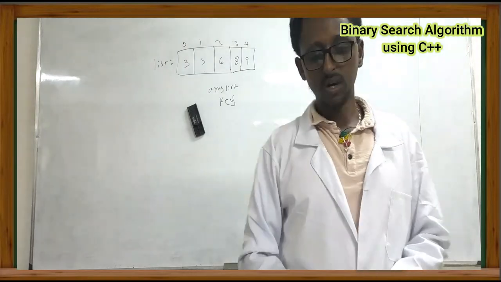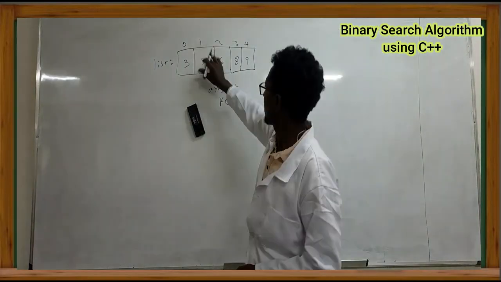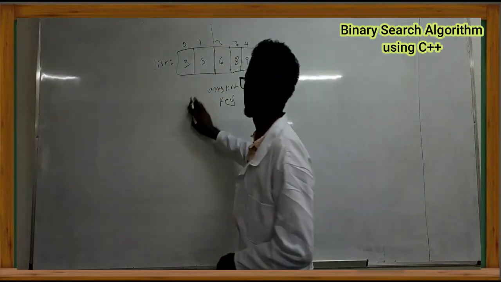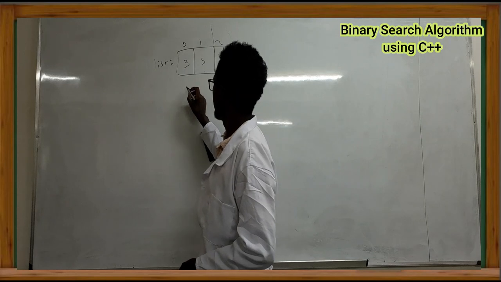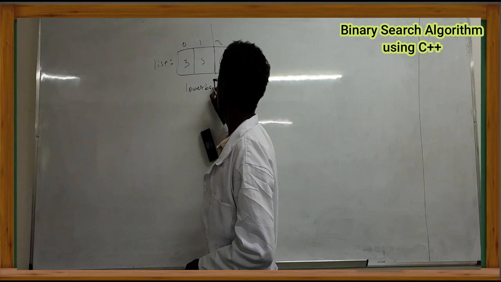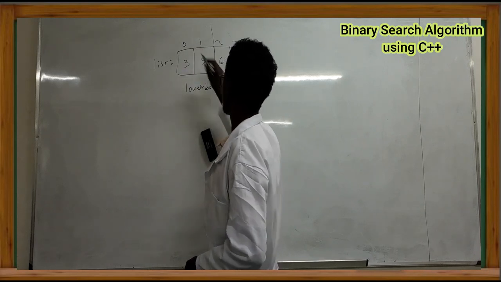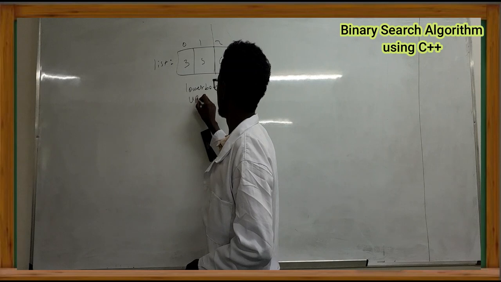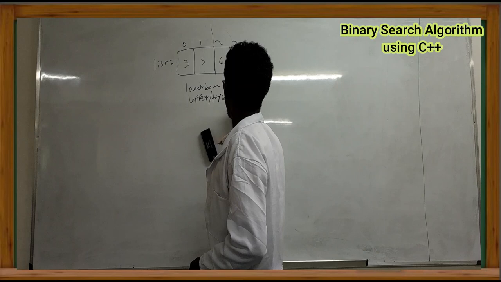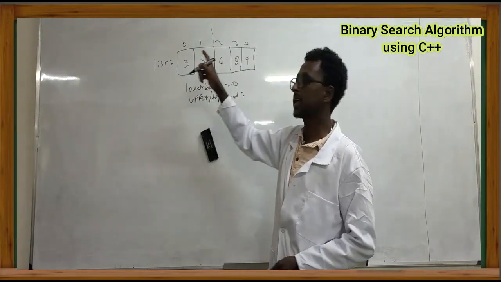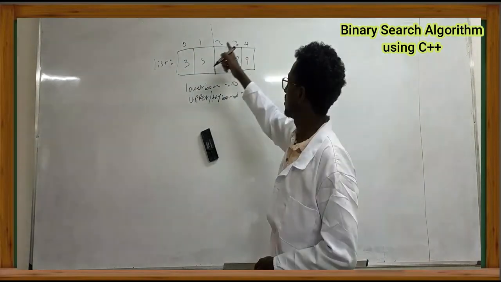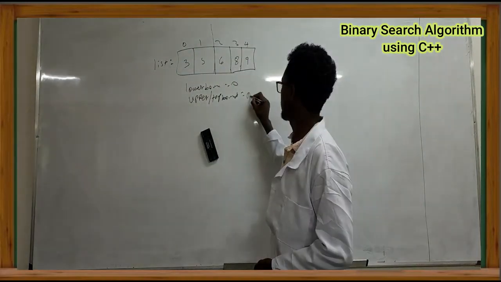So how does it work? First, the array is divided into two by taking the lower bound equal to some value, in this case 0, and the upper bound, or top bound, equal to the top index of your array, which in array context is n-1.